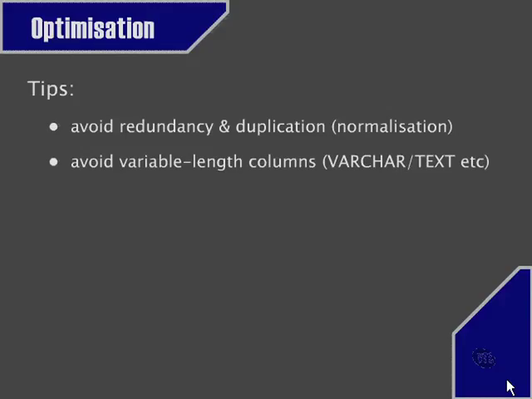For instance, if you have a varchar column, although it will actually take up less physical hard disk storage space than a fixed width char column where you specify the exact width of the column, the char column will be able to be accessed much quicker.